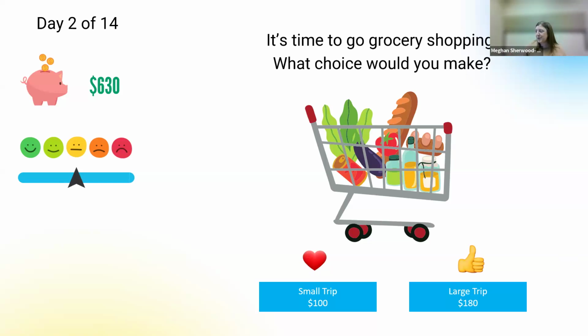Or do we want to try to get everything done and go for a larger trip? If you think a small trip, you can react with a heart, or a larger trip for $180, you can do a thumbs up. And it looks like lots of hearts so far.